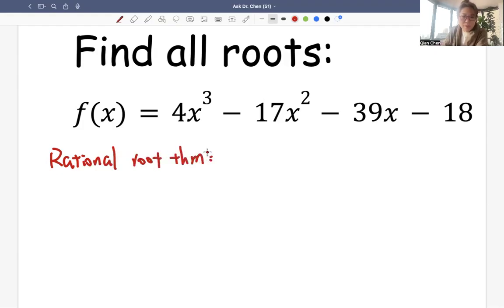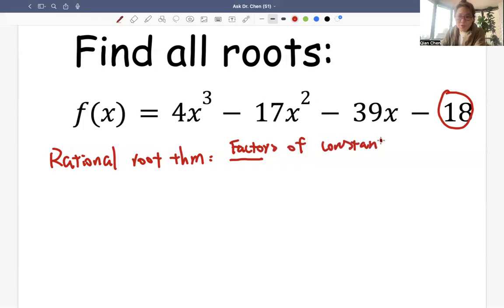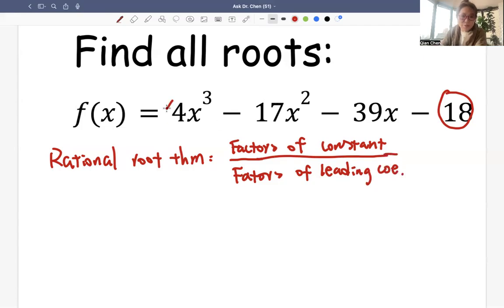The theorem says all the roots of this function come from the quotient of two numbers: the factors of the constant term in the function divided by the factors of the leading coefficient. In this case, the leading coefficient is 4.